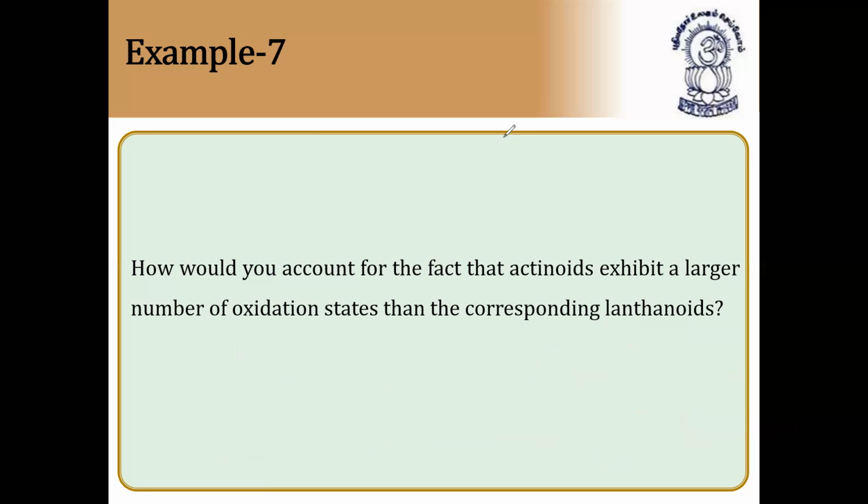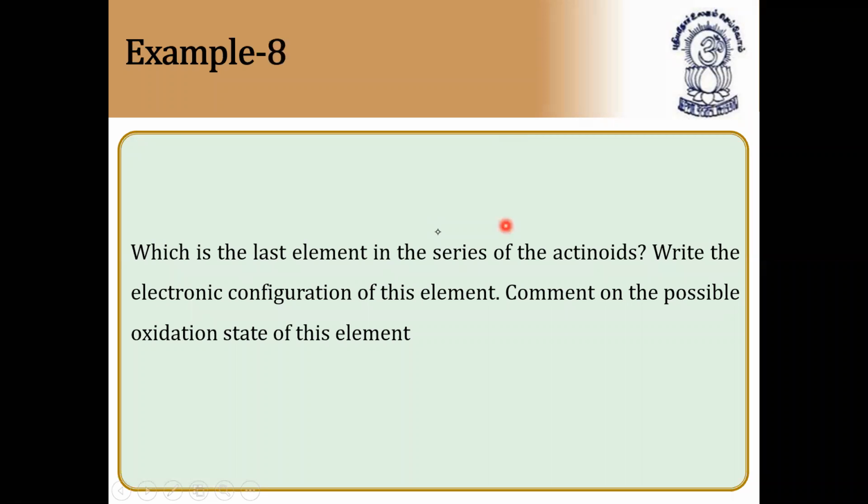So these are the important questions based on f block elements. Which is the last element in the series of actinoids? Write the possible electronic configuration of this. Comment on the possible oxidation state of this element. So lutetium is the last element of actinoids.